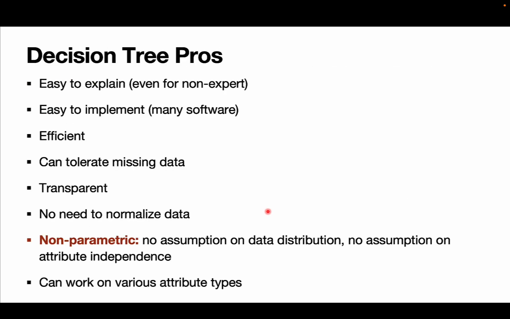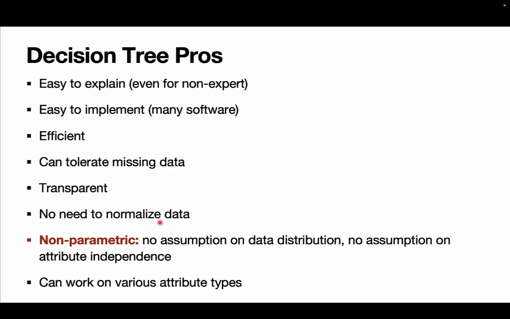Decision trees offer several advantages. On the top of the list, they are easy to understand and interpret. All we need to do is to traverse the tree to understand how the decision was made. They are easy to implement and efficient, can tolerate some data quality issues, no normalization needed.